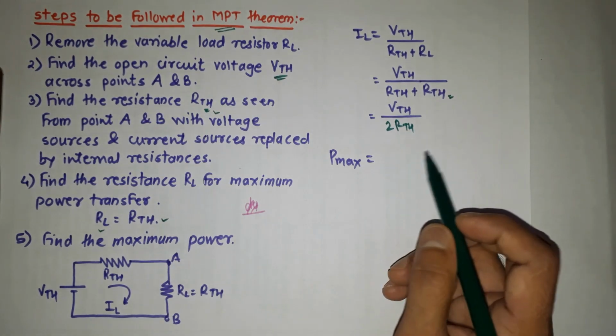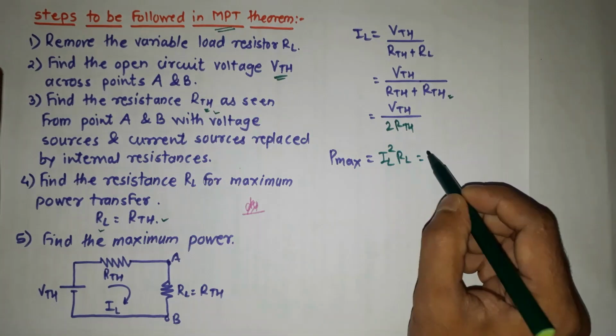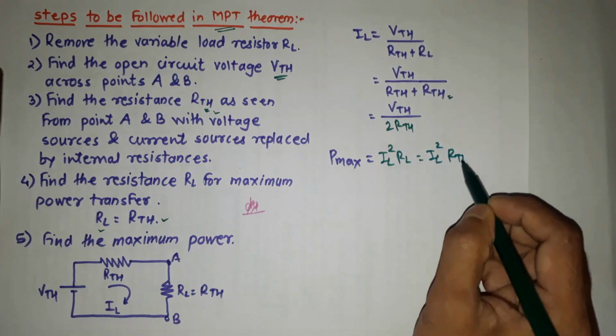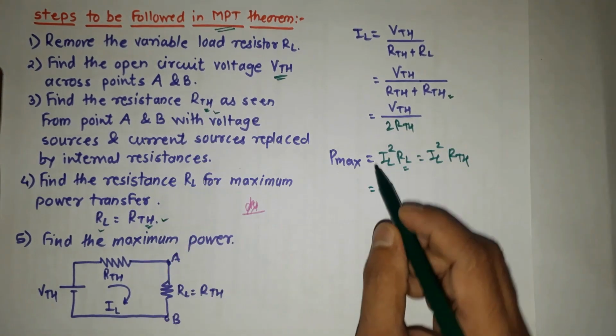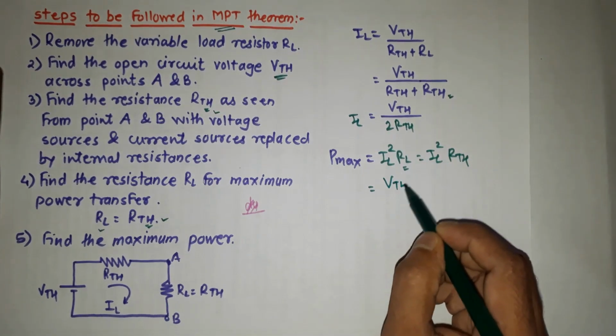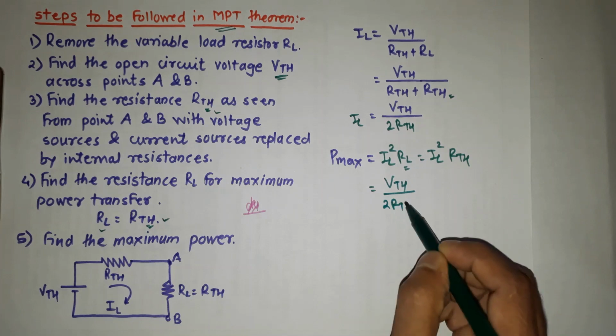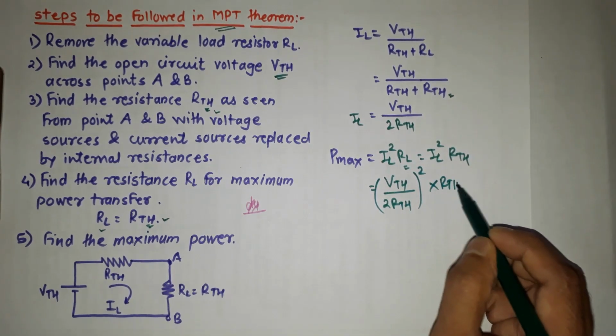And for maximum power, we know it is IL square into RL, so it is equal to IL square into RTH, because RL is nothing but RTH, and we are replacing the value of IL here. So IL is VTH upon 2 RTH, we have to take the square of this into the RTH.